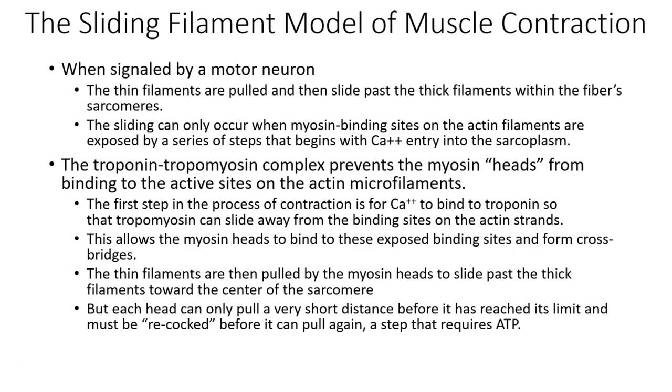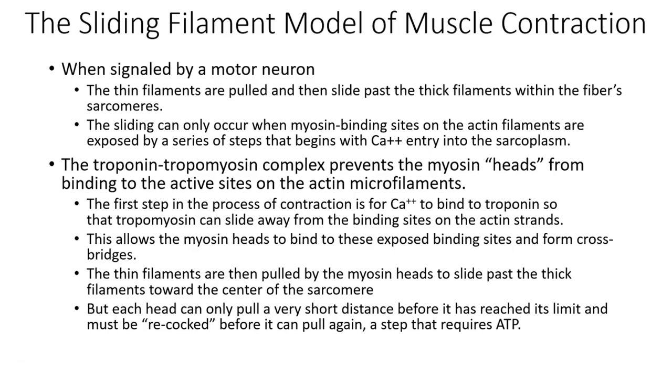And those cross bridges are that connection of the myosin heads to the actin filaments. And then those myosin heads are going to pull those thin actin filaments, sliding them past the thick myosin filaments and closer to the center of that sarcomere. And so those filaments themselves are not changing in length, they are just sliding past one another.